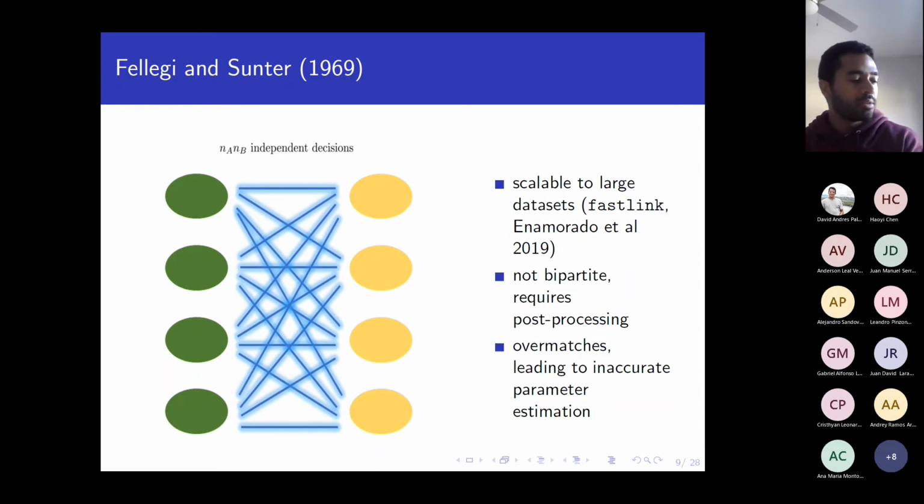In the case of Danny, it seems like this is going to work really well, despite these shortcomings, because you have a nearly unique identifier from what I understand. So this is a shortcoming to be aware of, but I'm still going to end up recommending fastLink to you all.